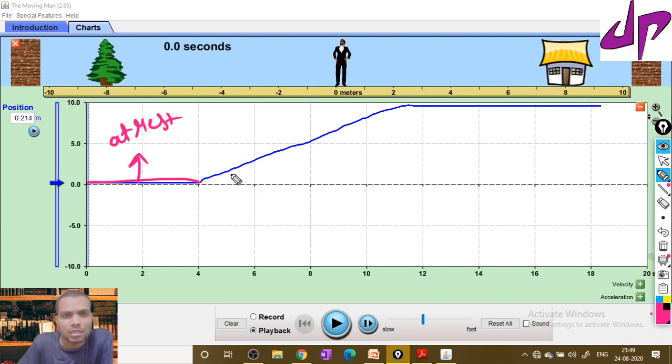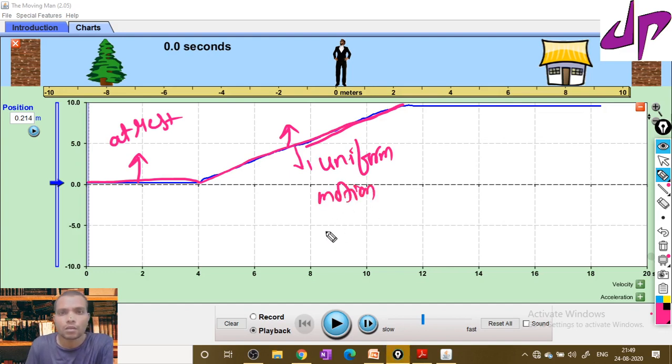After 4 seconds, here you can see the curve is increasing as a straight line. It's not a perfect straight line, but we can take this as a straight line. It means he is moving with a uniform motion, and almost up to 11.5 seconds. Suppose I take this as 11.5 seconds, here it is 12 seconds.